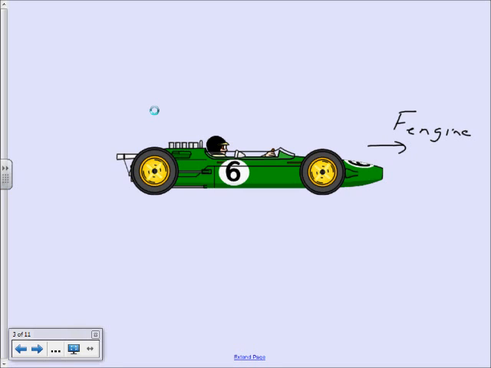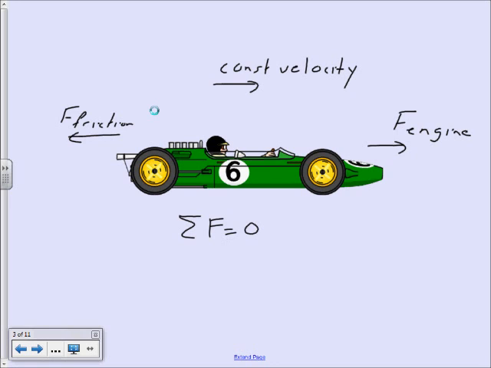And we're going to have a whole pile of friction forces, air resistance, friction in the engine, friction in the bearings, etc. backwards. If that vehicle is either stopped or moving at constant velocity, then again we could say that the sum of the forces is 0, or that the force of the engine is going to be equal and opposite to all of those forces of friction.